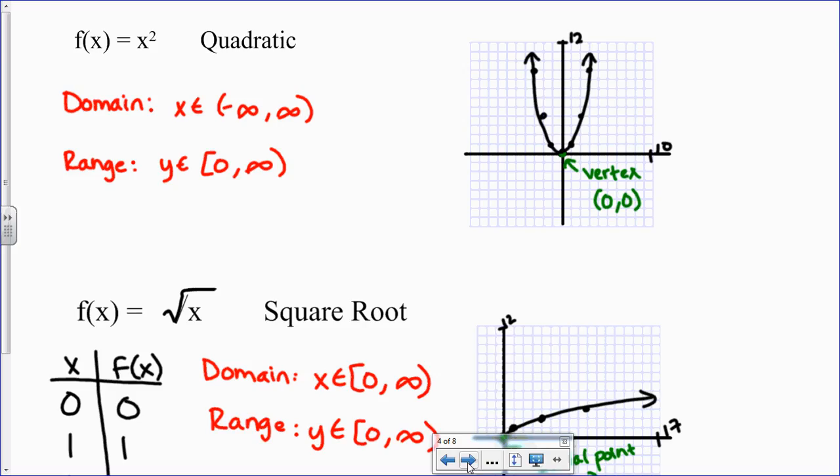Okay, quadratic. What's my end behavior? Up, up.